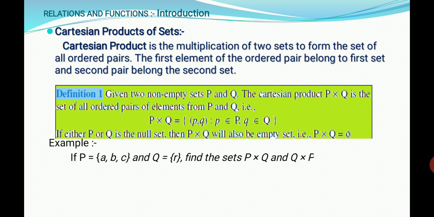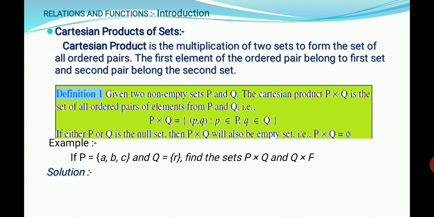Let P equal the set {A, B, C} and Q equal the set {R}. Then find the Cartesian products P cross Q and Q cross P. Answer: here P contains A, B, C and Q contains R, then as per the definition P cross Q is the set of ordered pairs (p, q), such that p is from P, that is the set {A, B, C}.